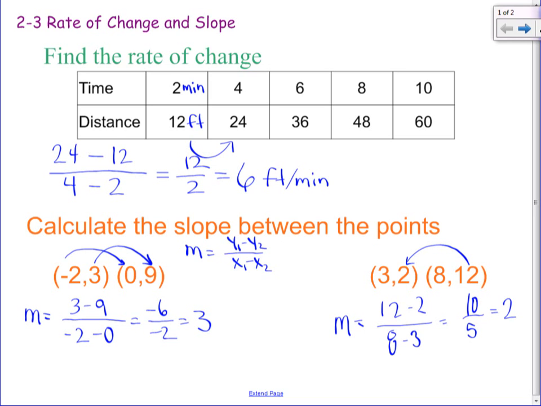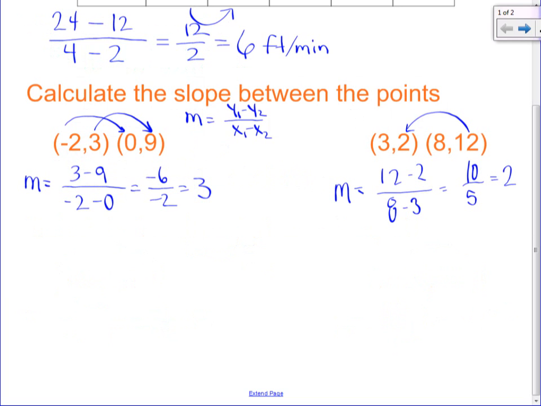Anyone still need this? Okay, a couple people. So that formula I do want you to memorize just because it's something we're going to use a lot. Subtract the y's on the top, x's on the bottom.